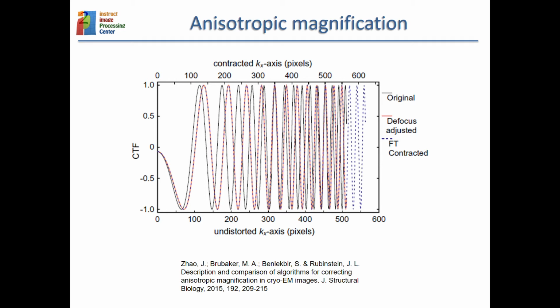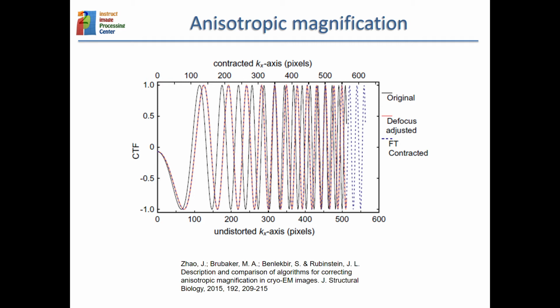Another effect of this anisotropic pixel size is that the CTF correction also changes with the direction. The CTF depends on the defocus, and we know that the defocus may be astigmatic, but it also depends on the pixel size.